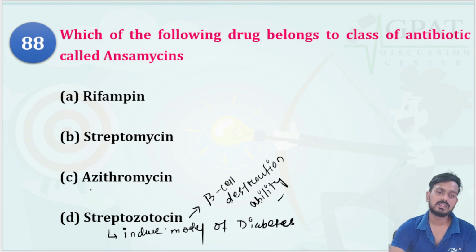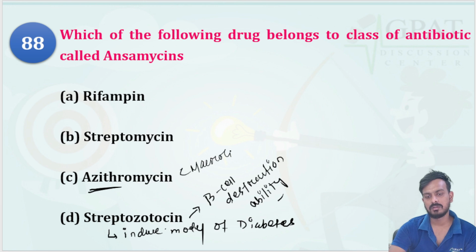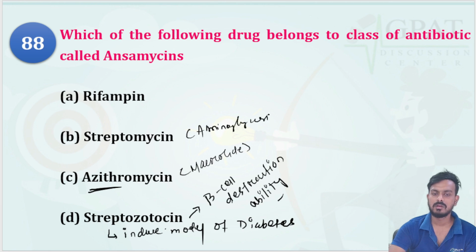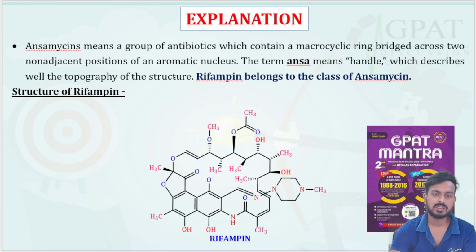Okay. Azithromycin, which class of antibiotic is this? This is a macrolide antibiotic. Streptomycin is which type of antibiotic? Streptomycin is an aminoglycoside. And rifampicin is basically called an ansamycin.